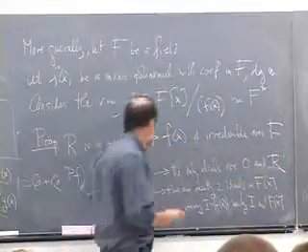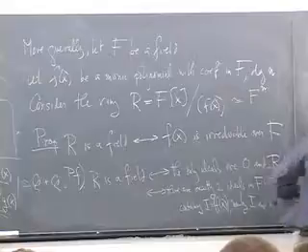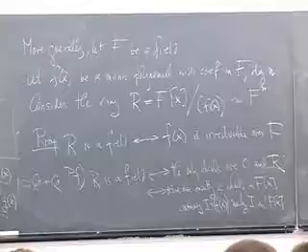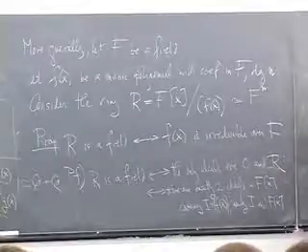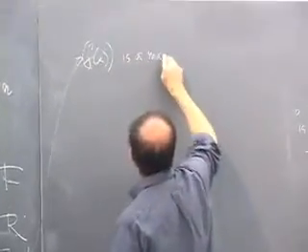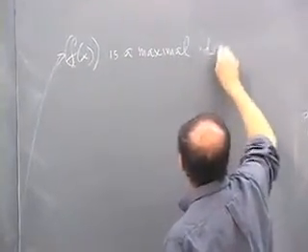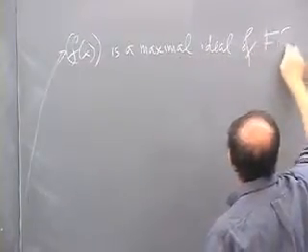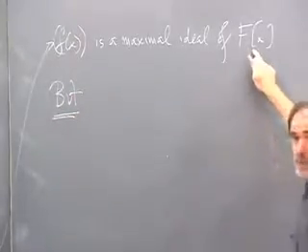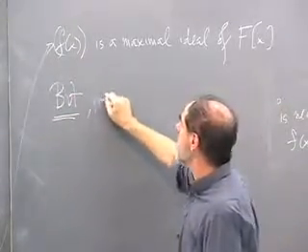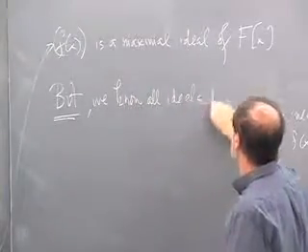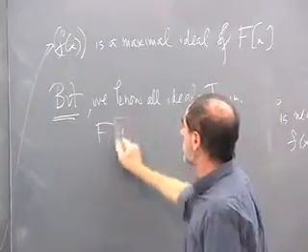All right, let's continue with that. But we know all the ideals of F[x]. So this is if and only if f(x) is a maximal ideal of the polynomial ring. But, and this is the key, in this ring, polynomials over a field, we know all ideals in F[x].